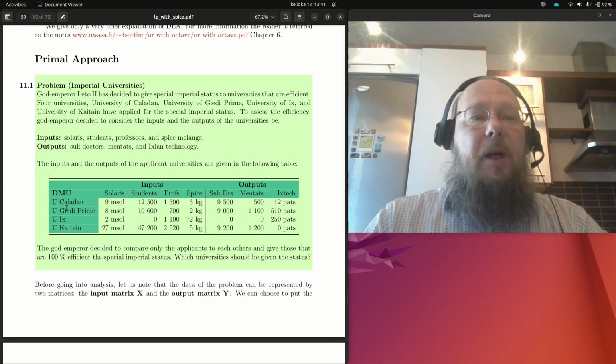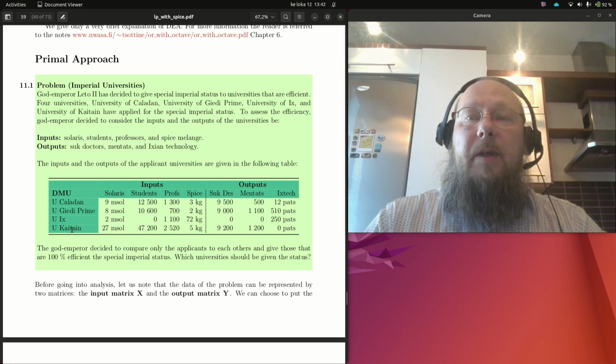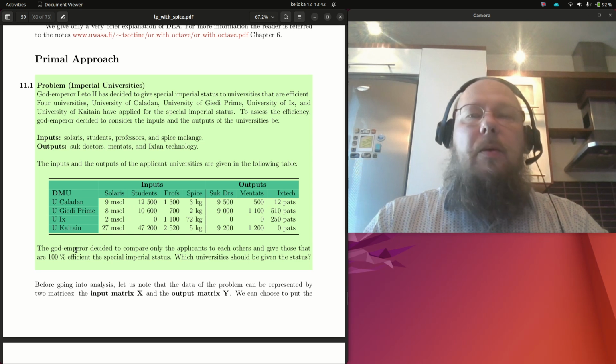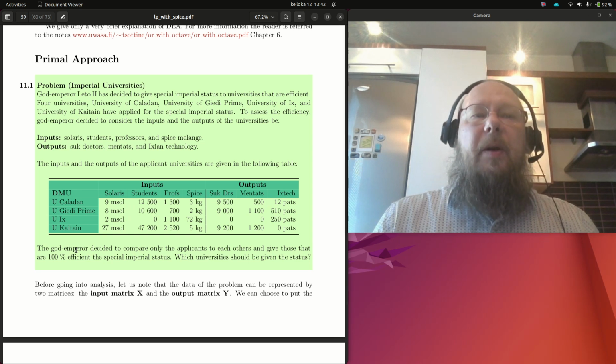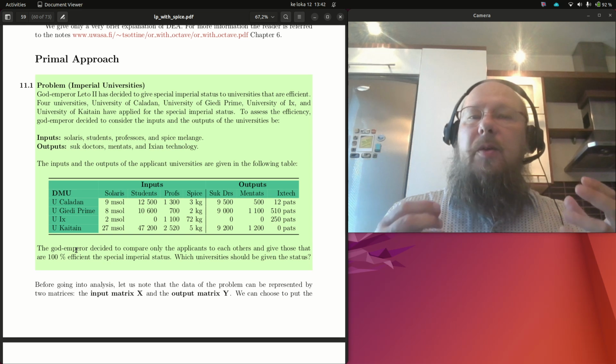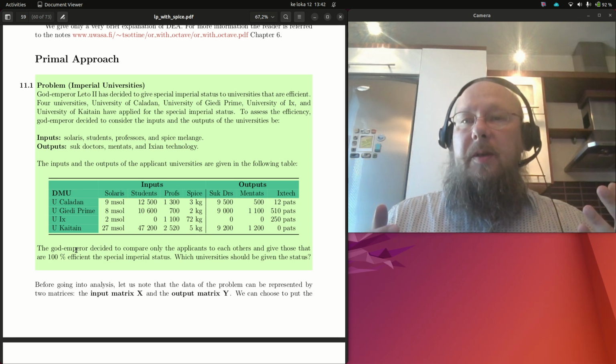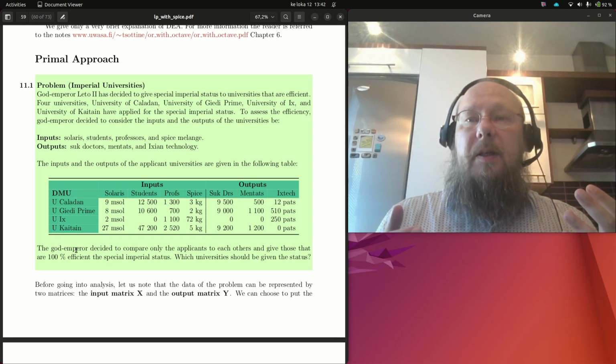The DMUs are University of Kaladan, University of Giedi Prime, University of X, and University of Kaitain, and the inputs and outputs are given here in these matrices. The God Emperor decided to compare only the applicants to each other and give those that are 100% efficient the special imperial status. Now the question is which universities should be given this status.